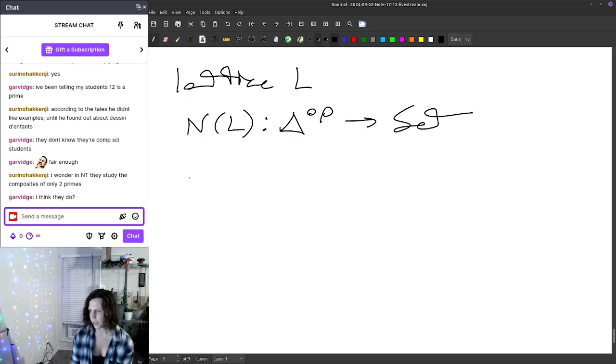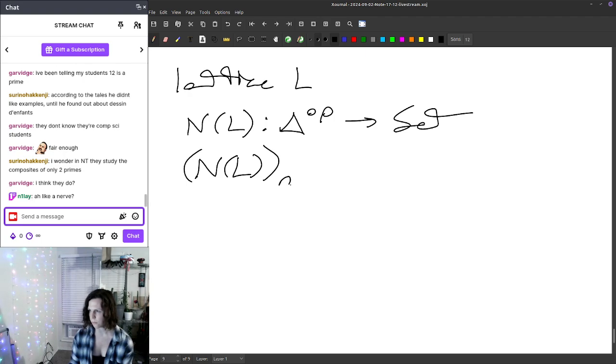So this has for its nth component some x1 less than or equal to x2 less than or equal to xn.